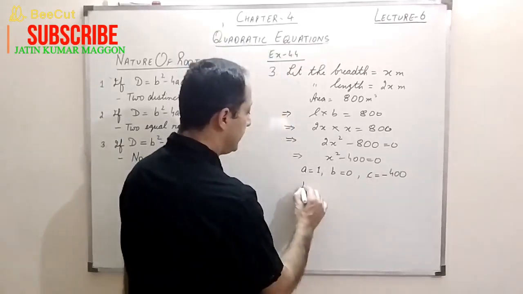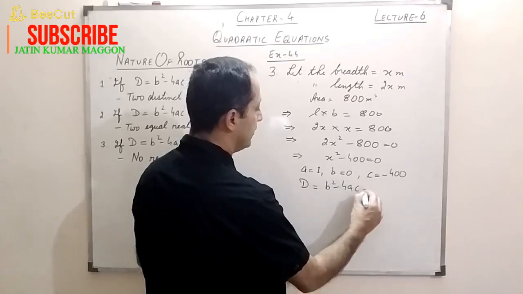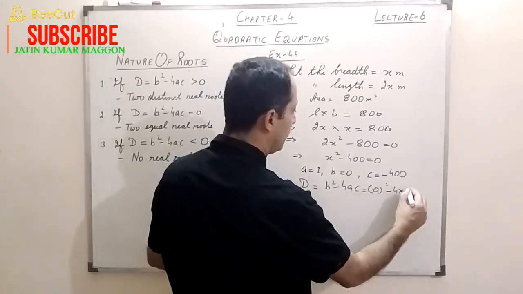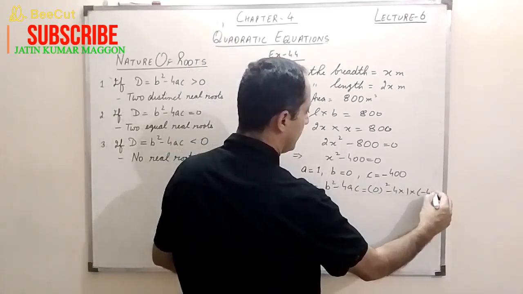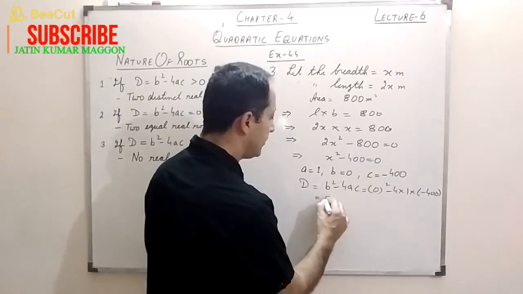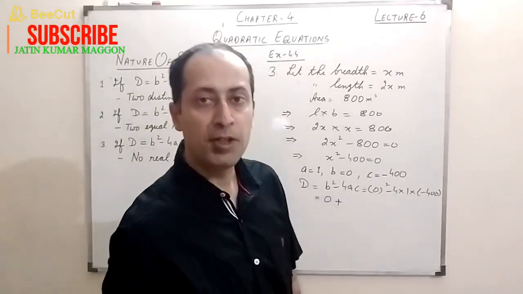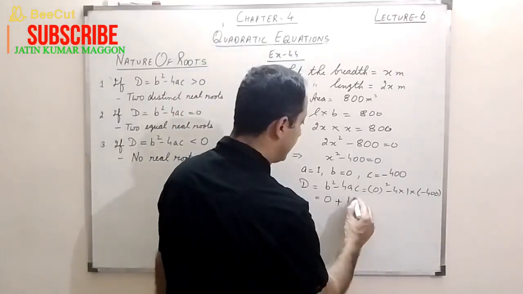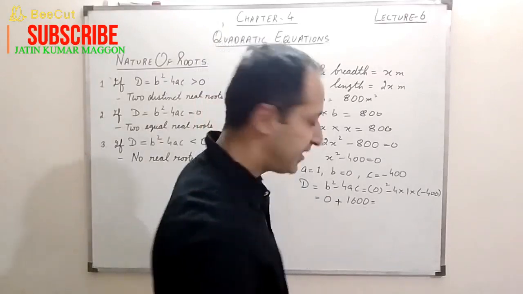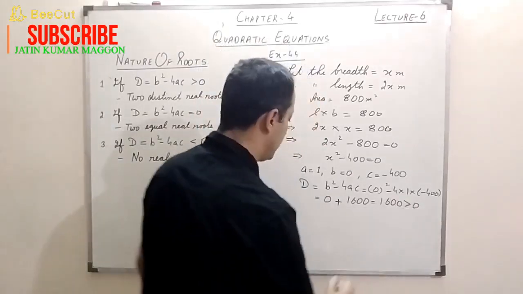So I find the discriminant, so D is B square minus 4AC, so that is 0 square minus 4 into 1 into minus 400. Now 0 square is 0, minus into minus becomes plus, and 4 into 400 becomes 1600. So 0 plus 1600 would be equal to 1600, right? So this 1600 is greater than 0. So we write yes.